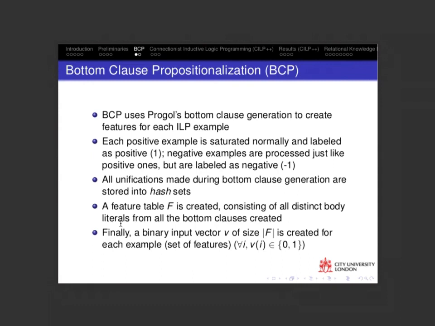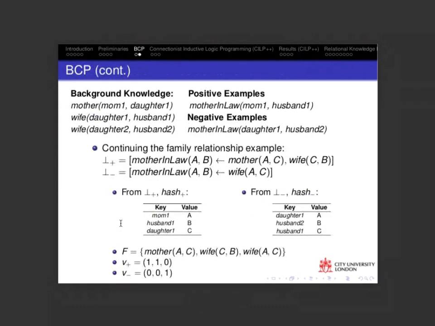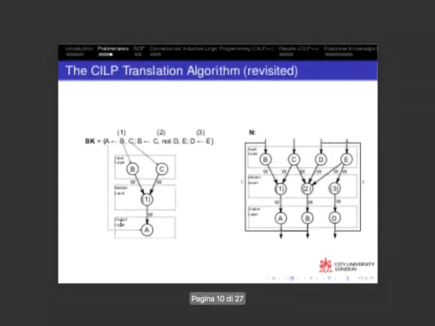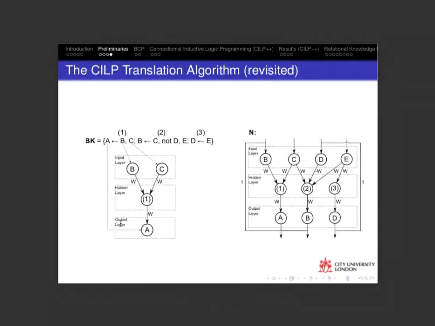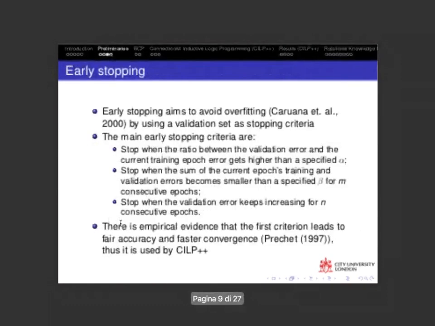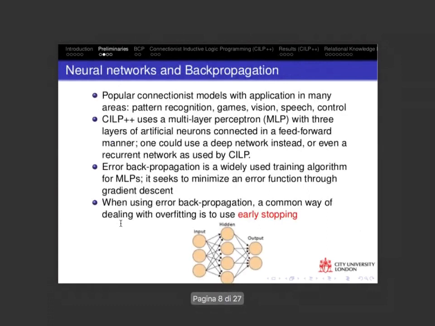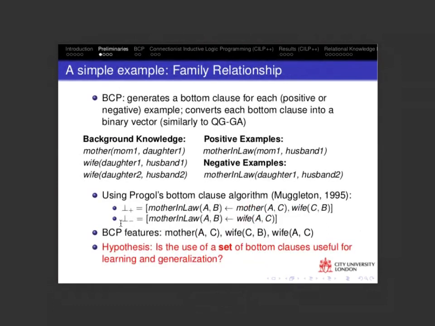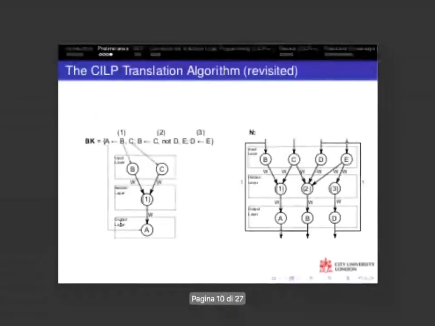That was a choice. And by doing this, we want to generalize that network. Instead of having B, C, D, and E in the input, we would have such features, mother AC, wife CD, wife AC, for instance, in the input.